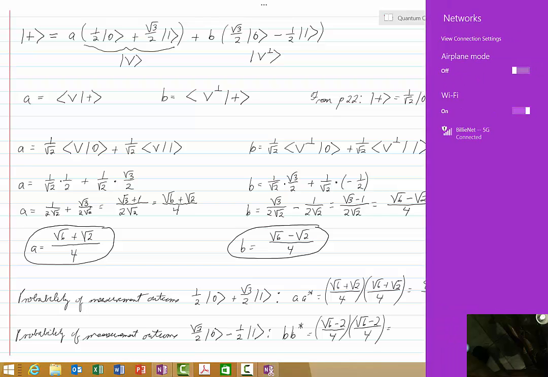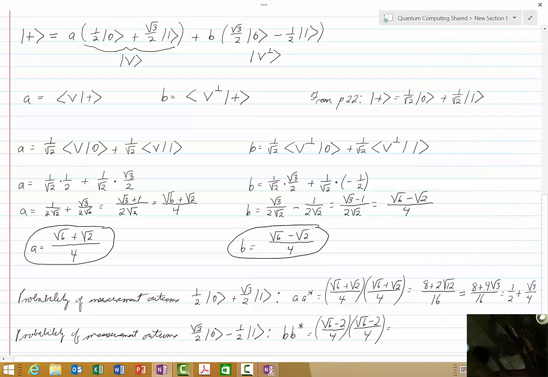Oh, it's square root of 2, sorry. And so again, square the first term, you get 6. Square the second term, you get 2, so that'll be 8 minus 2 times the square root of 12 over 16. And so that's going to end up being 1/2 minus square root of 3 over 4.